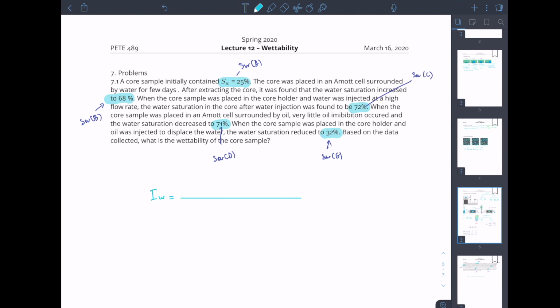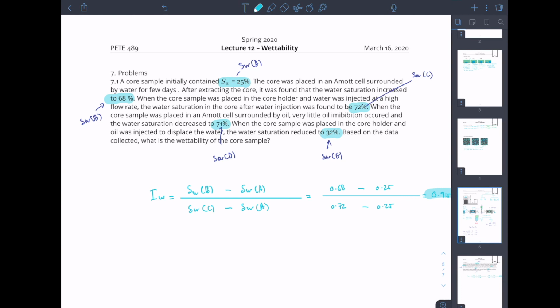So for IW, we have SW at point B minus SW at point A divided by SW at point C minus SW at point A. So SW at point B is 0.68 minus 0.25 divided by 0.72 minus 0.25. And that should equal 0.915. And that's our first value.